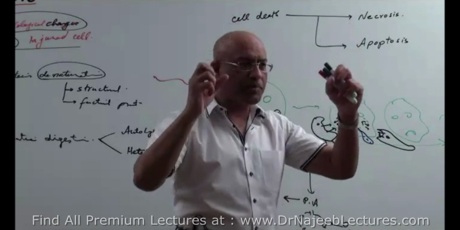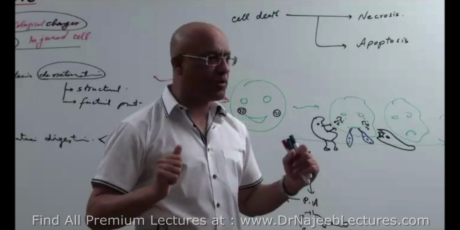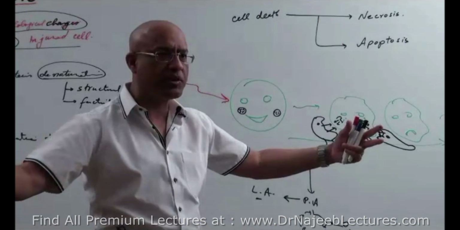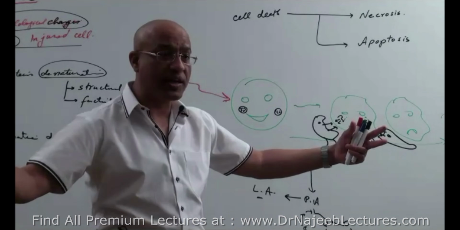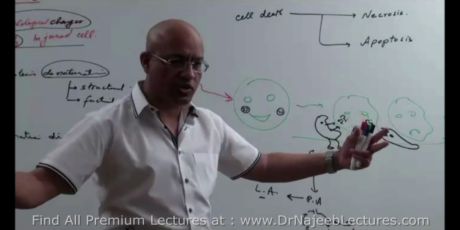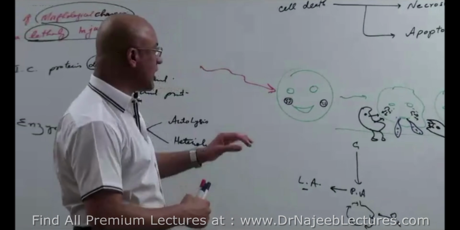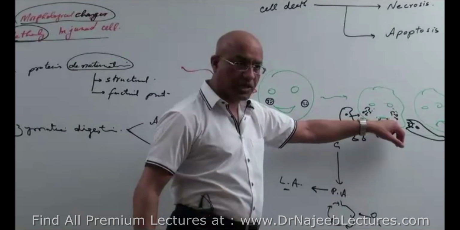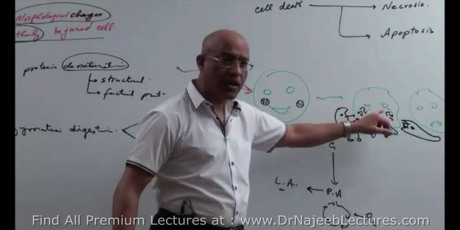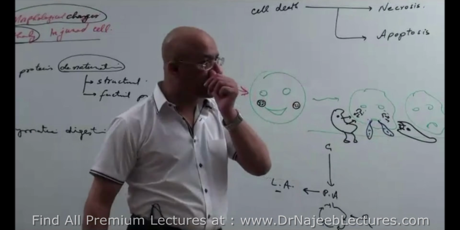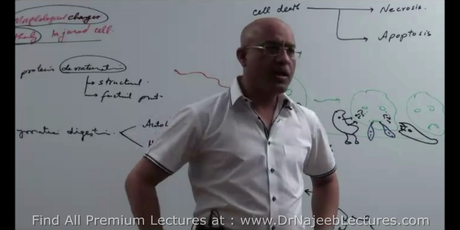So when plasma membranes become disrupted at multiple levels, intracellular substances come into the extracellular area or surrounding interstitium. And intracellular lysosomes are being ruptured.